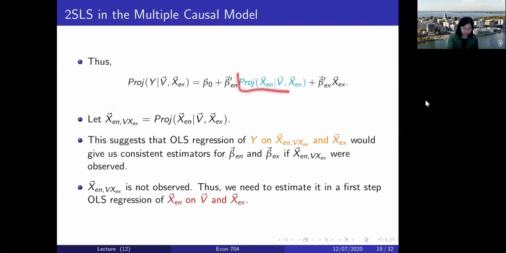So this projection picks out the exogenous part of Xen. Why is it exogenous? Because it is a non-random linear function of two vectors of exogenous variables.